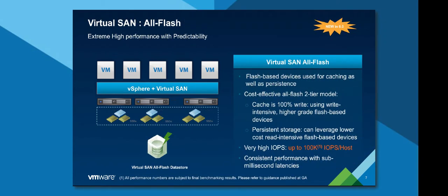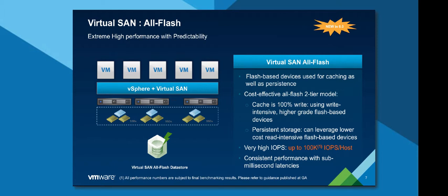So now, to take a look at the all-flash Virtual SAN array. This is a really exciting idea, because now, instead of the flash being there just for read cache and write buffer, now the cache becomes 100% write. So it's able to function expediently throughout the storage stack.